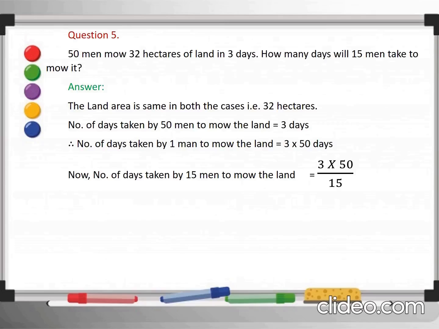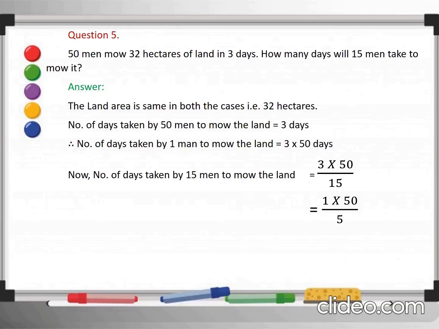We can reduce 3 and 15 by 3 table. So 3 ones are 3, 3 fives are 15. So we'll have 1 into 50 upon 5. Further we can divide it by 5 table.